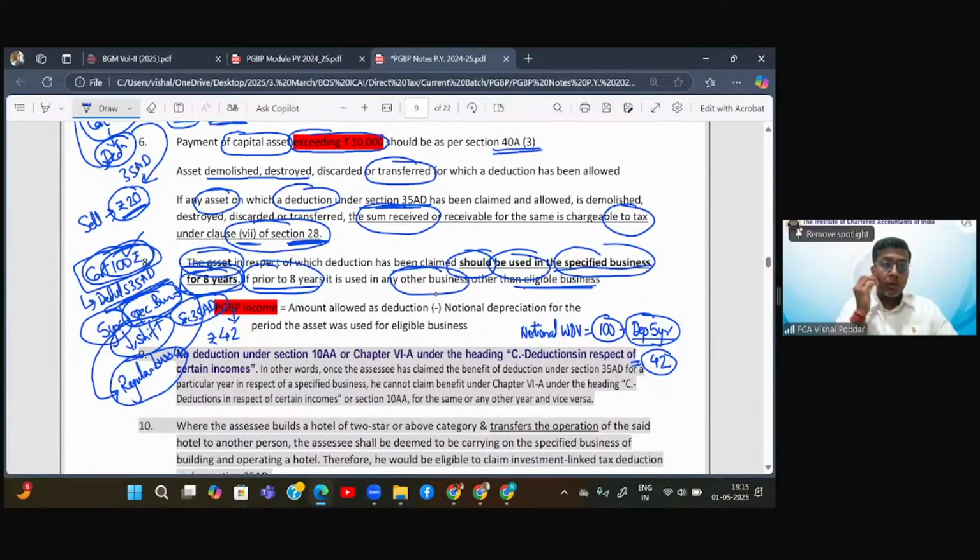Fine. What about this other business, regular business, where this asset is brought in? Can anybody tell me what will happen in this regular business where I have brought this asset? Think logically. Students.